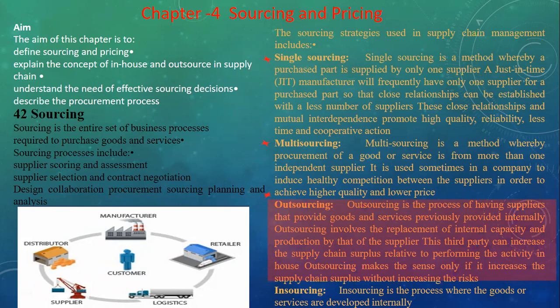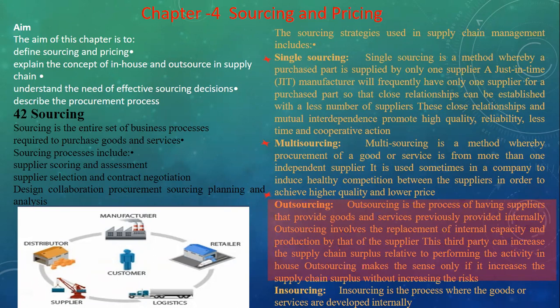In this outsourcing process, we are not involved and we have time. We focus on our product quality and other things, because the outsourcing company will help us provide the right product. So overall, outsourcing is the process of a supplier providing goods and services previously provided internally.